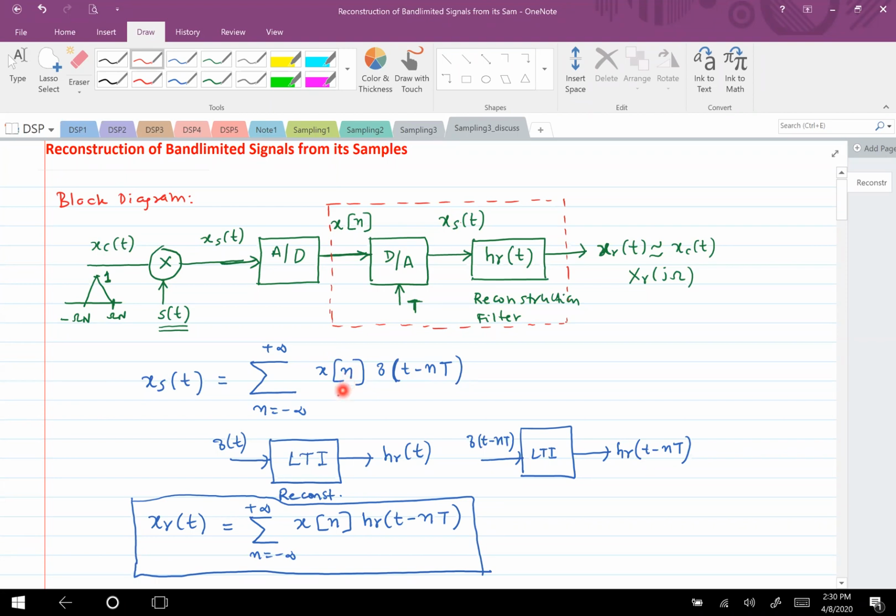This is something we need to look at. There could be slightly varied expressions here, but at the end of the day, what we need to see is this Xs of t is the same as this Xs of t. That would clarify our things on what spectrum we would be getting at this point.